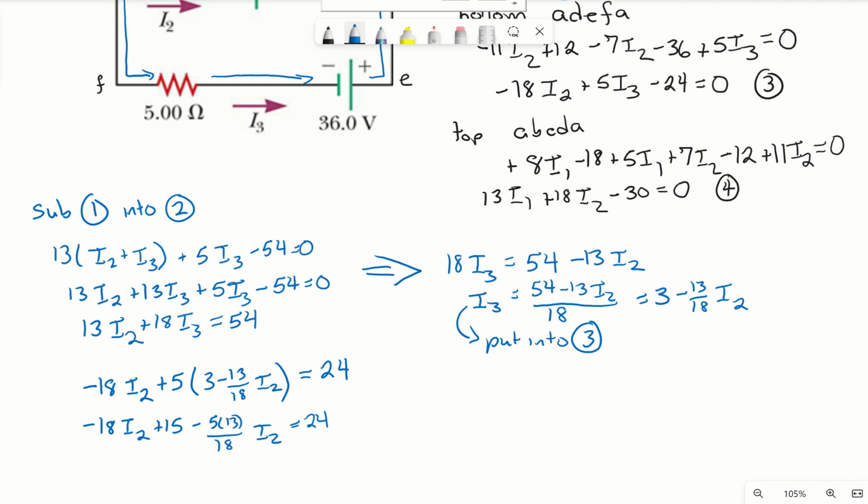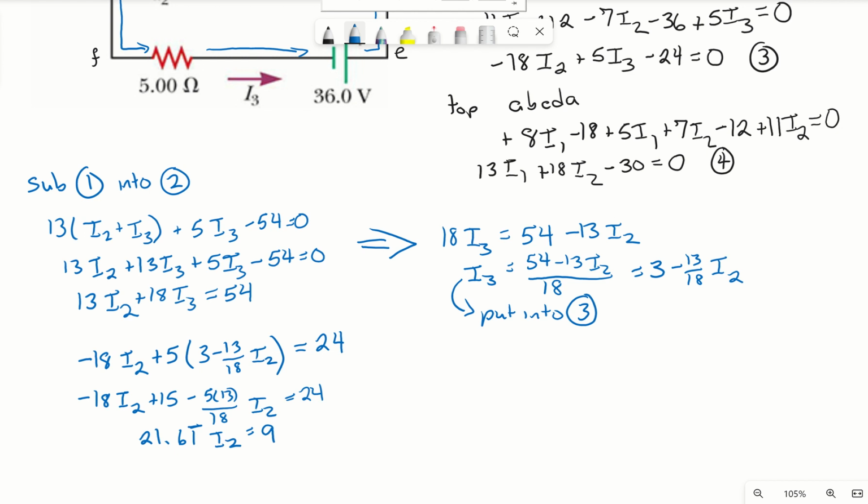Combine all that together, and I get, let's see, 18 plus 5 times 13/18, so I'm going to put it in my calculator, 21.61111, so 61 repeating, times I2 is equal to 24 minus 15, which is equal to 9. So I2, I'm sorry, that's a negative sign in front of the I2.